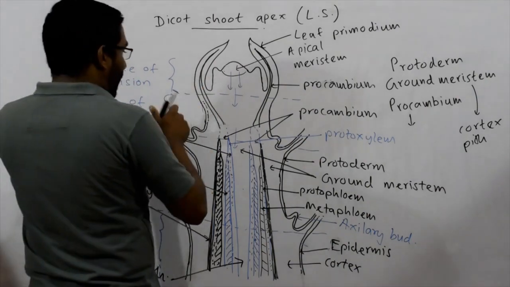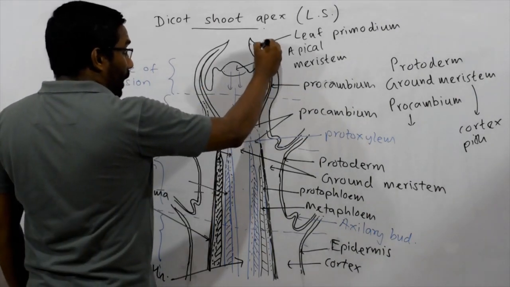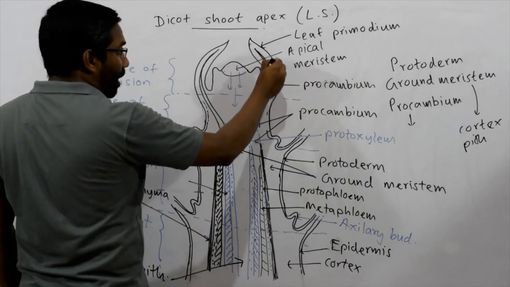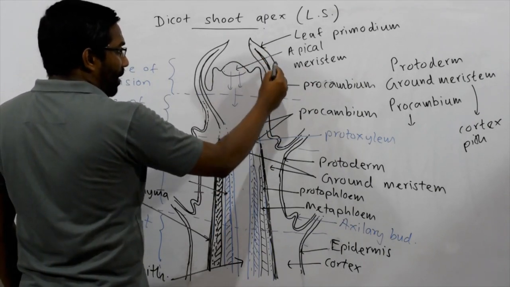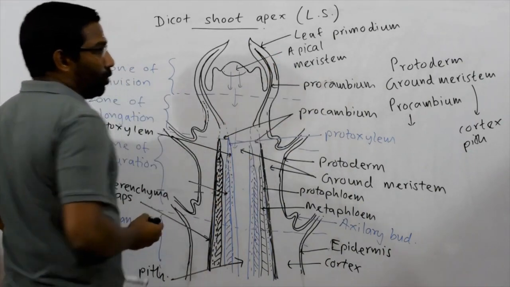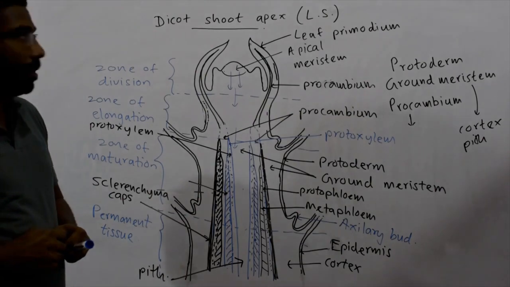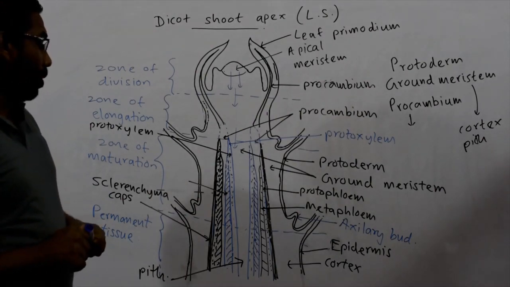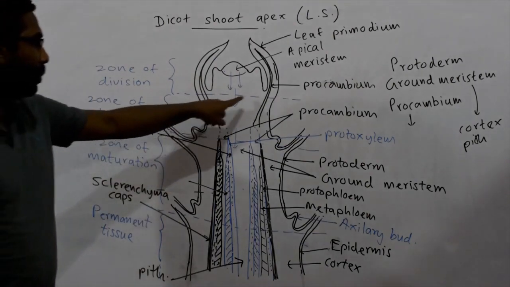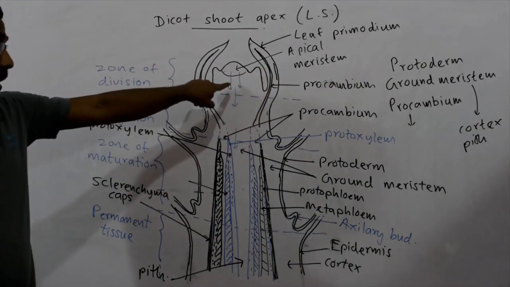As the outermost zone of maturation of this leaf primordia, it should have protoderm. Outer it has protoderm. This is a procambium. Then in between them it should have ground meristem in the leaf. Okay, that's the structure. So you can draw this and label. It's not needed to draw these procambial strands in the leaf primordia.